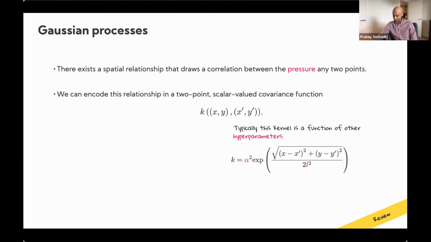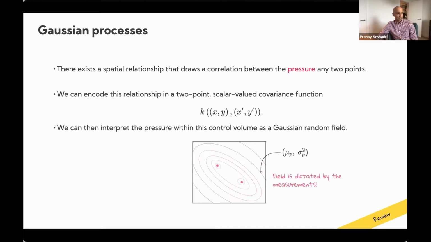Typically, most of these covariance functions that we use, that basically describe the relationship between any 2 points, are parametric in nature. In other words, they're governed by certain hyperparameters. And so the two parameters that govern this squared exponential covariance, as you see on the screen, are a variance, which controls the alpha, and a length scale that controls the L in the denominator.